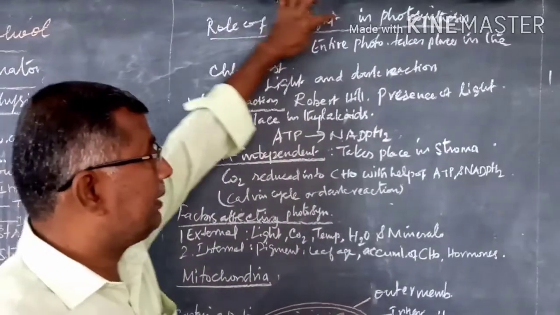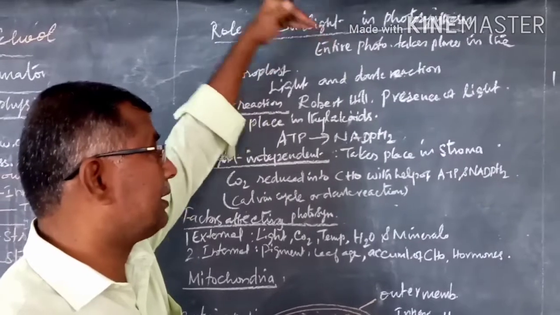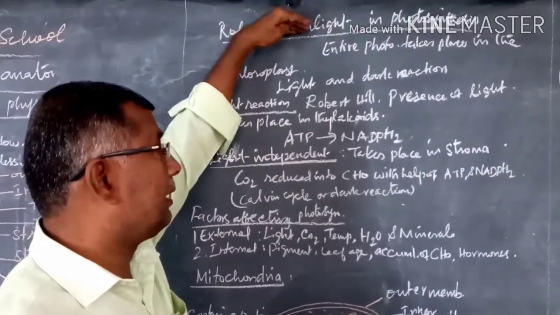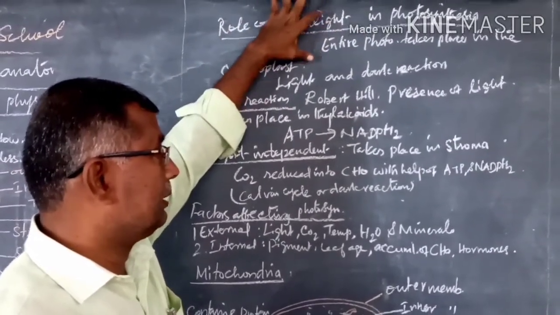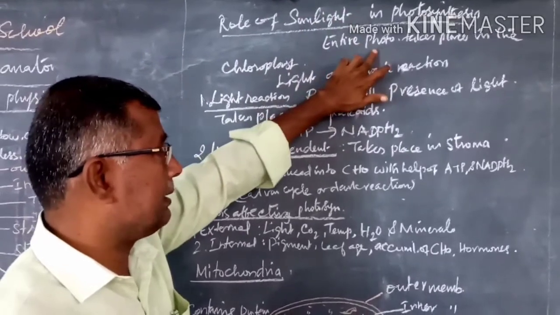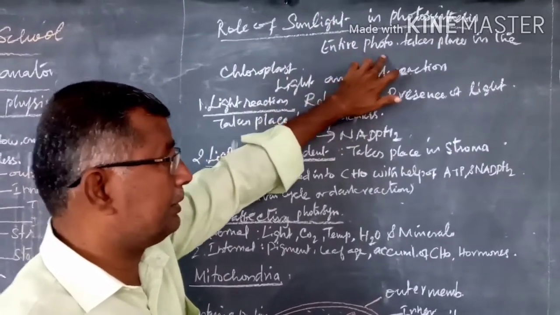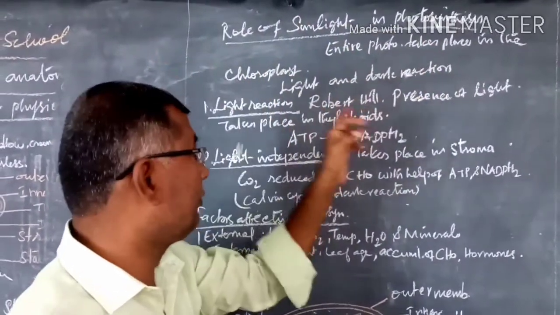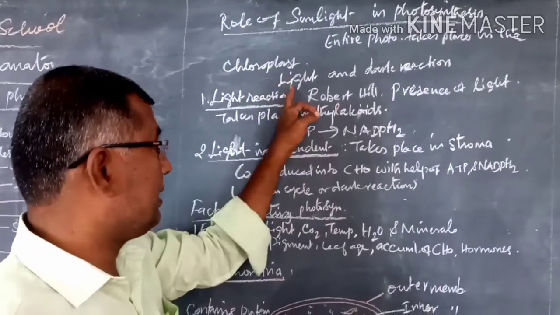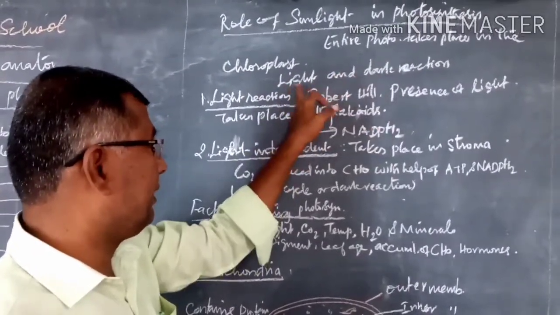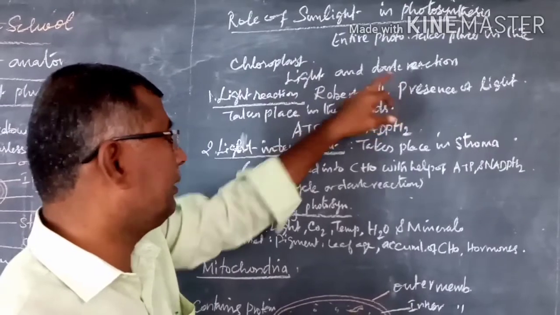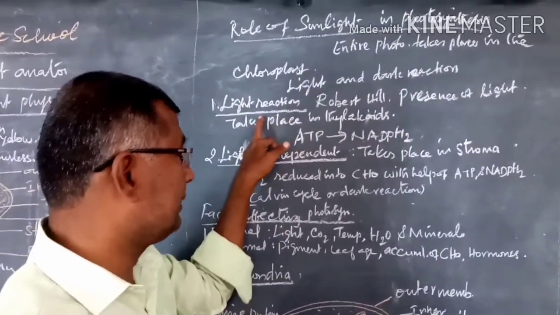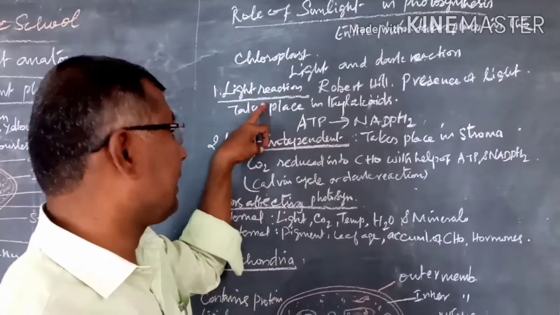Role of sunlight in photosynthesis. What is the role of sunlight during photosynthesis? Photo means light. The entire photosynthesis takes place in the presence of chloroplast, and it is divided into light and dark reaction. If the light is present, that is called the light dependent reaction.